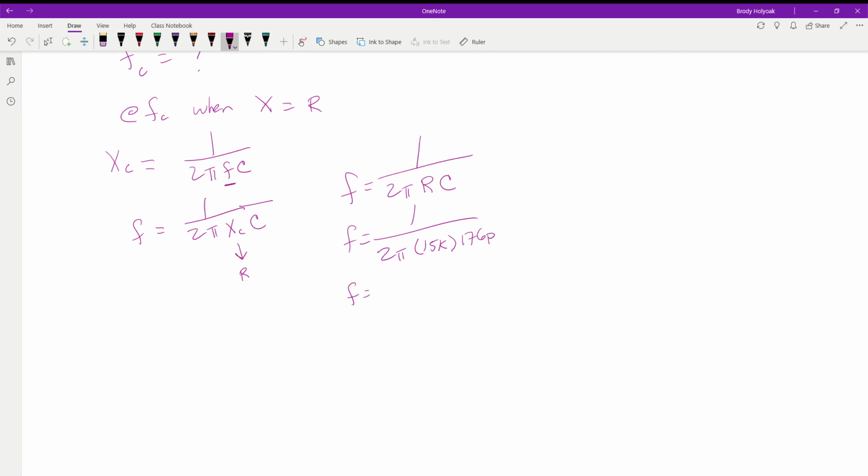So now, let's punch that into our calculator: 2 pi times 15,000 and 176, and then picos to the negative 12th. We want to take the reciprocal of that. So our critical frequency of these components is 60.286 kilohertz.